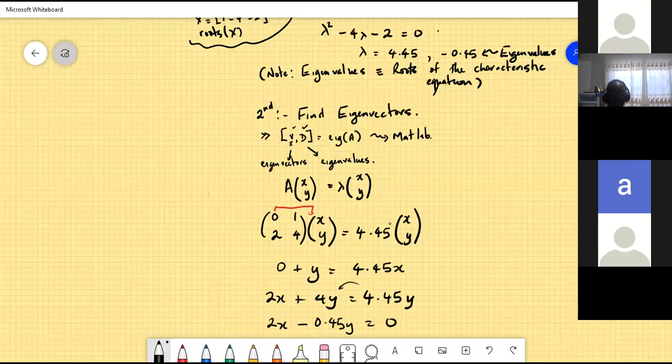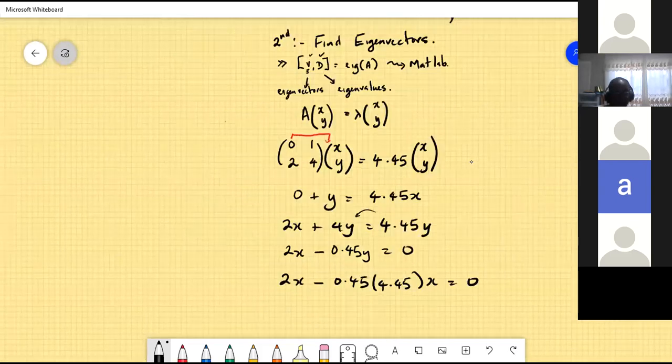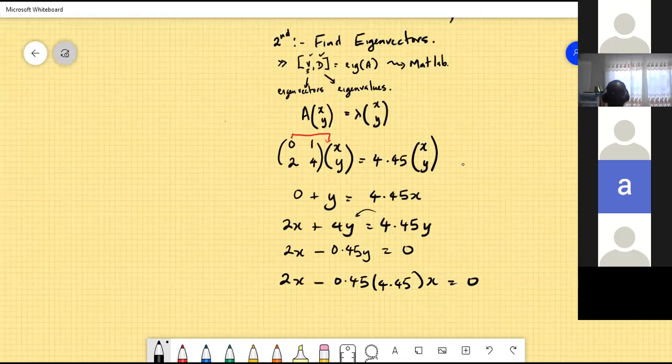Carry this over here, minus 0.45y. 0.45 times 4.45, we just realized, what is that equal to? 2.0025. All right, so we rounded it off.